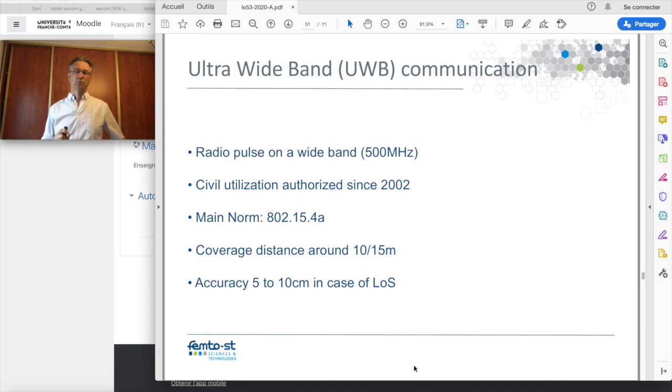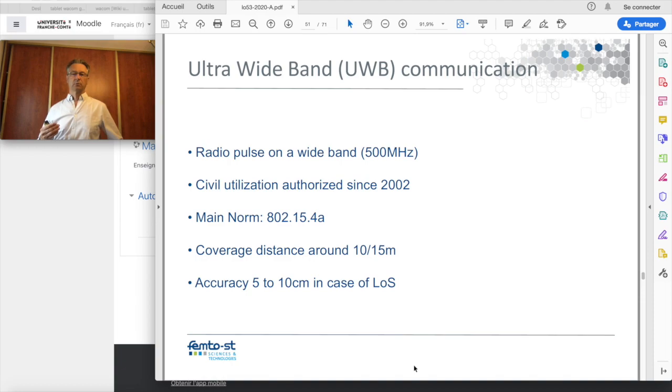It was not allowed to do some research until 2002. It was not allowed for civil utilization, no authorization. Before this date, it was dedicated to military use, but from 2002 now, we can do some research on such type of wireless signals.